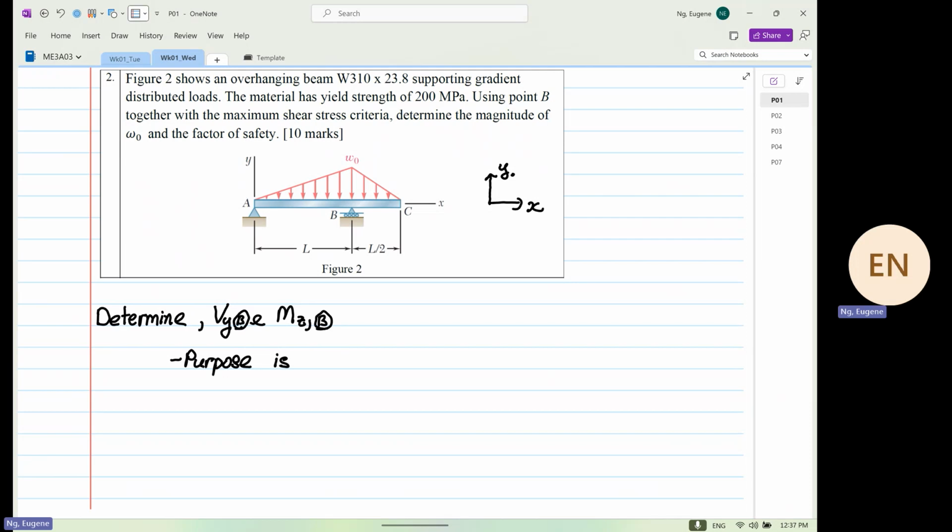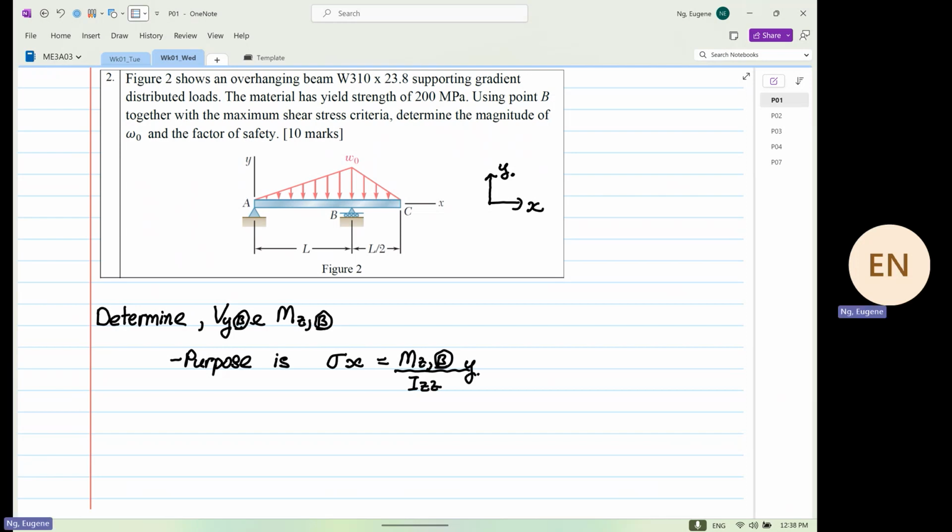The purpose for us to do this is so that we can determine our stress X, the normal stress in the X direction, where you have Mz at point B over Izz multiplied by y.